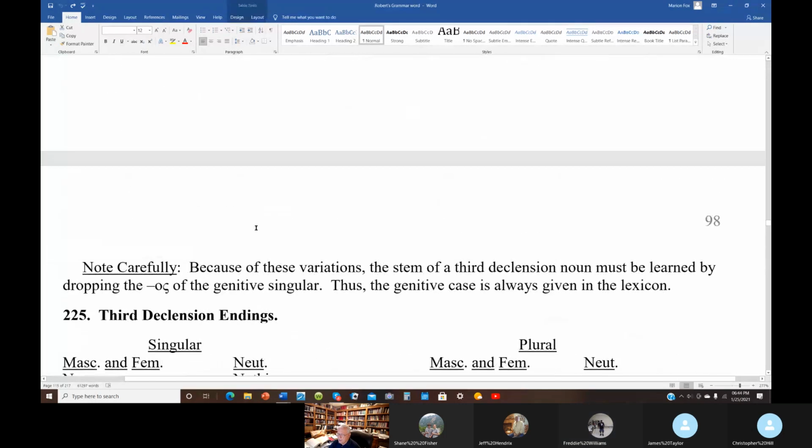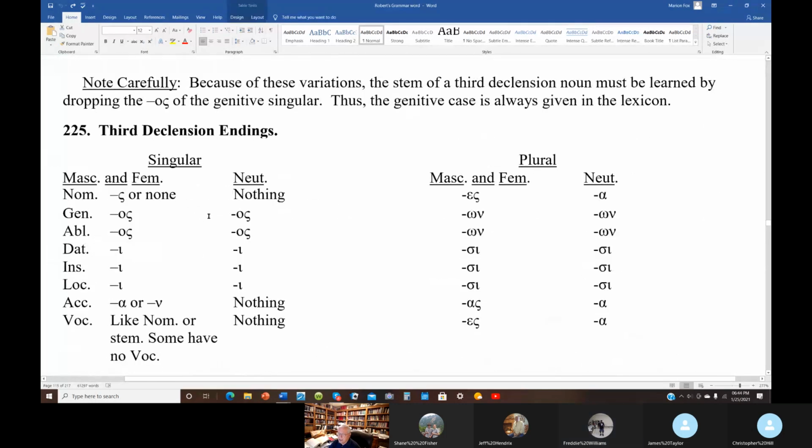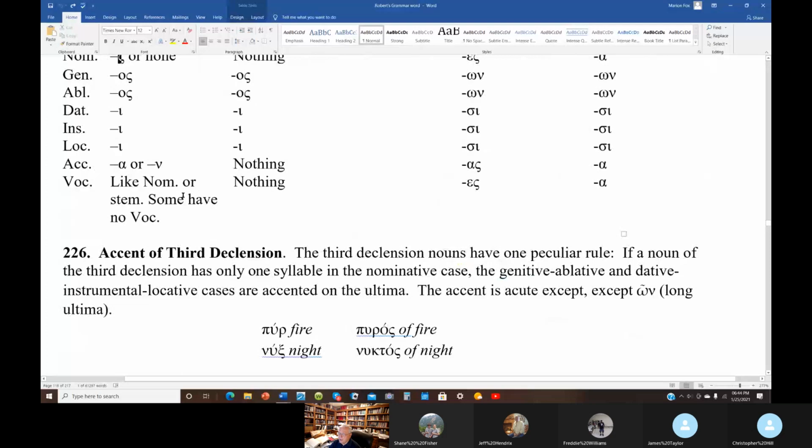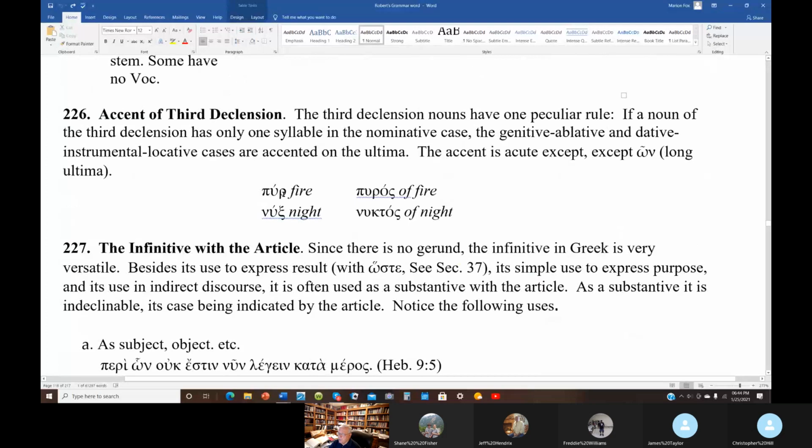Let's look down here. We got another word. Sometimes the nominative won't have anything. It'll have a sigma. Sometimes it won't have anything, any ending on it at all. So we looked at that a little bit last week. Like here, pur is fire, and puros is your genitive form. There's your genitive ending. And so right here, nux and nuktos.